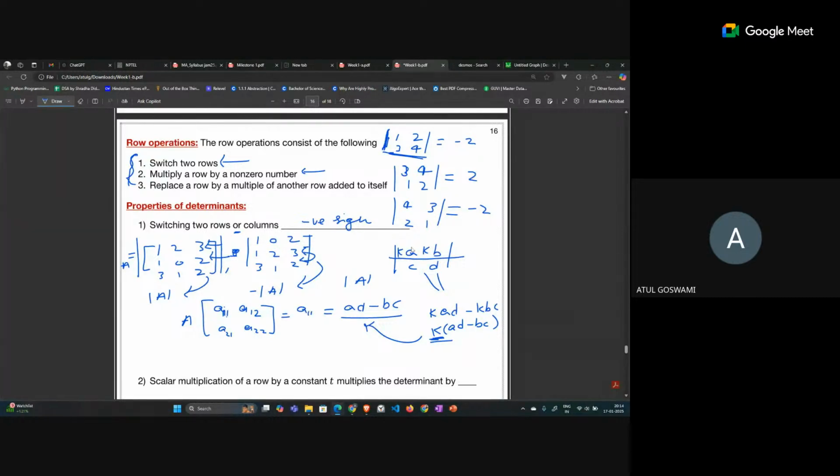The diagonal entries would be the same. The other entries would change. This is 1, 2 and now it is 2, 1. This value comes here at the place of 1, 2, and 2, 1 comes at 1, 2. We can say, sir, if we change row to column, then it will become the transpose.